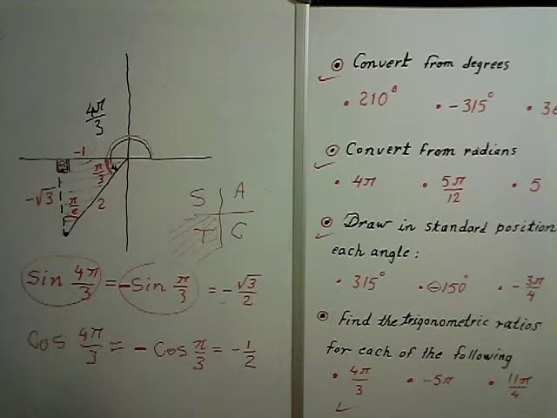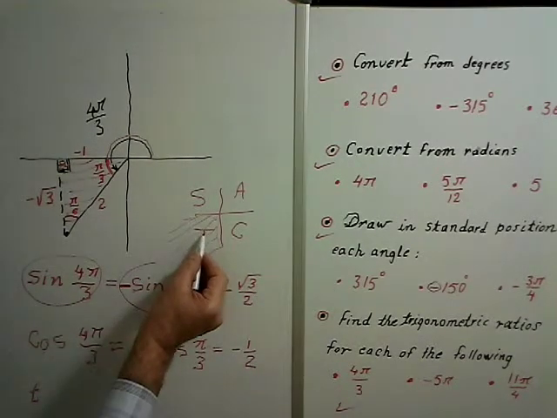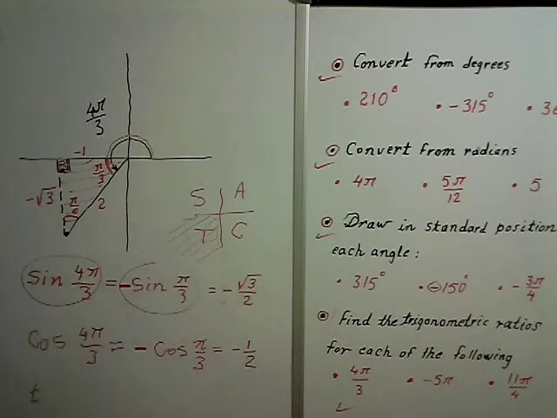Go for the third, which is tan. We said tan in the third quadrant is positive. So tan 4 pi over 3 is the same as tan pi over 3, and it's the same sign also. So we don't need to put negative here. It is positive.